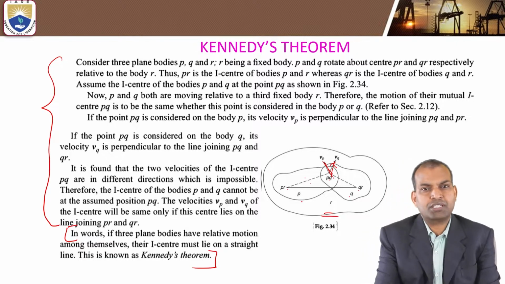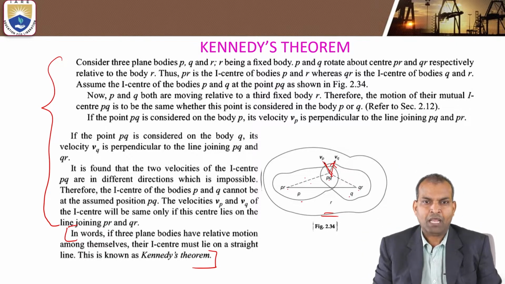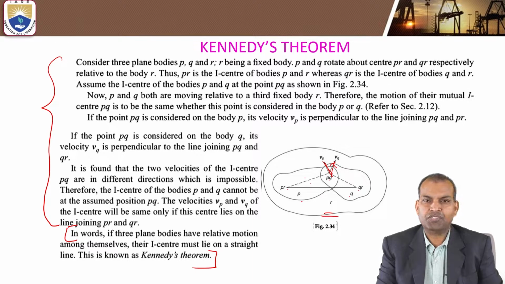The direction should remain the same, but here the directions are different. That means there is a wrong assumption, because PQ is not on a straight line, that's why it is in different directions. If the I center PQ is on the straight line joining PR and QR, then the direction remains the same.